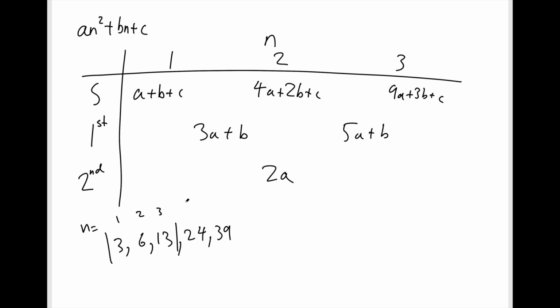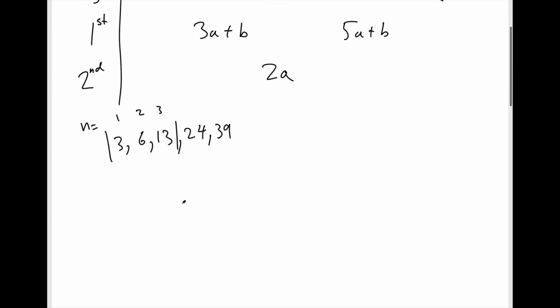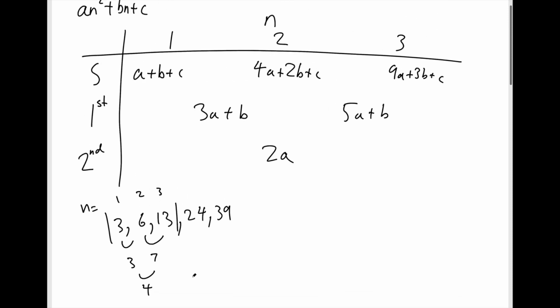So this is going to work for any of these sequences. If I just redid the differences, we can see this is 3, this is 7, and therefore the second difference is 4. We can just start equating this from the table. Since the second difference is 2a, that means 2a equals 4, and so a equals 2. So already, we know it's going to be 2n squared.